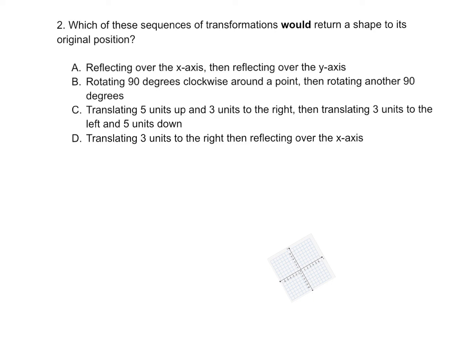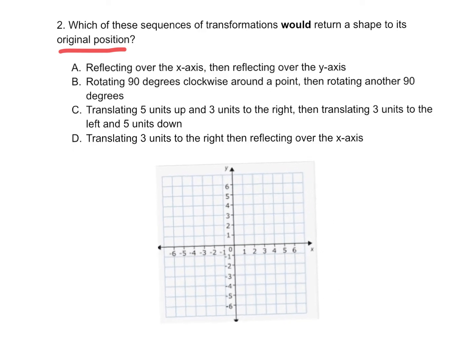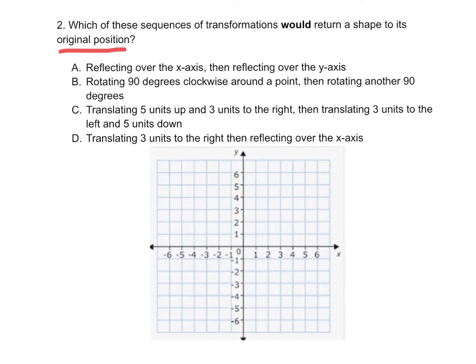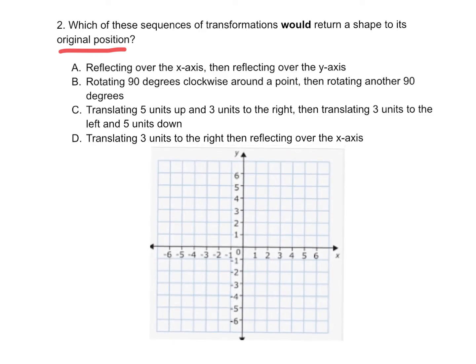Which of these sequences of transformations would return a shape to its original position? Okay, let's look at choice A. Reflecting over the x-axis and then reflecting over the y-axis. So if I imagine this on a graph, let's say I have a triangle and I reflect it over the x-axis.